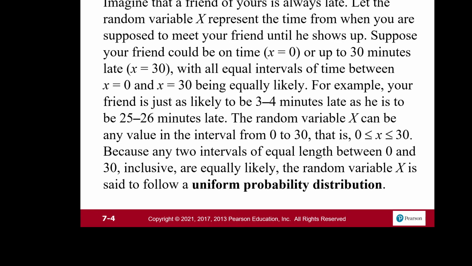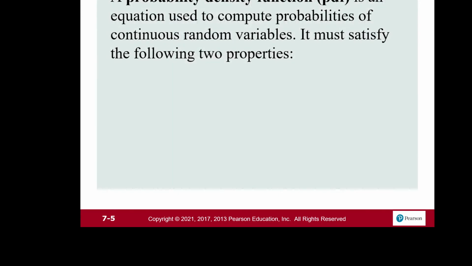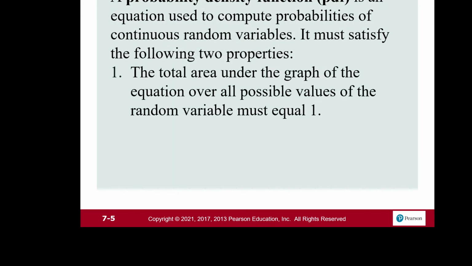The random variable x is said to follow a uniform probability distribution. And so here are the properties of a uniform probability density function. So this is actually a property of a probability density function. So we'll look at an example of uniform.